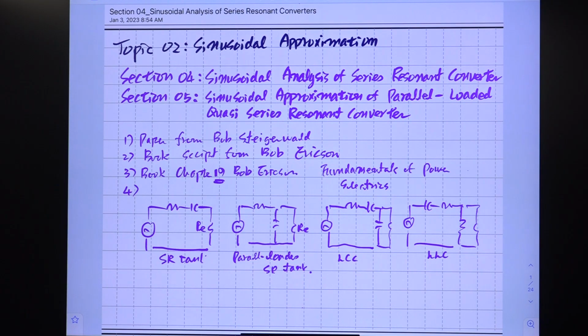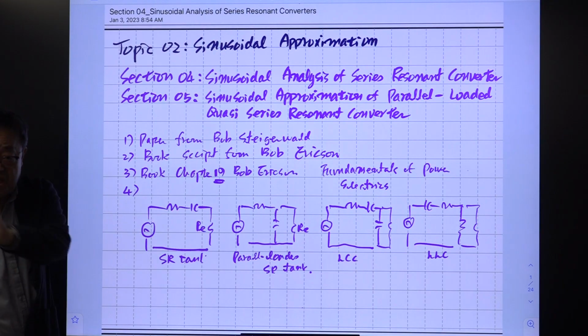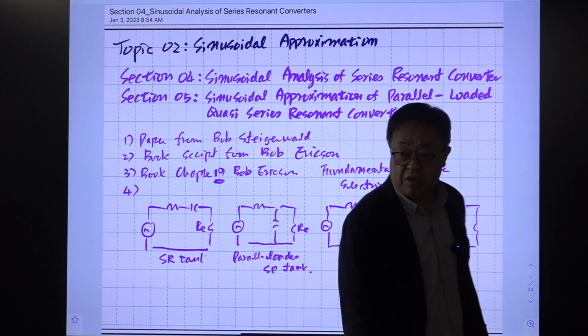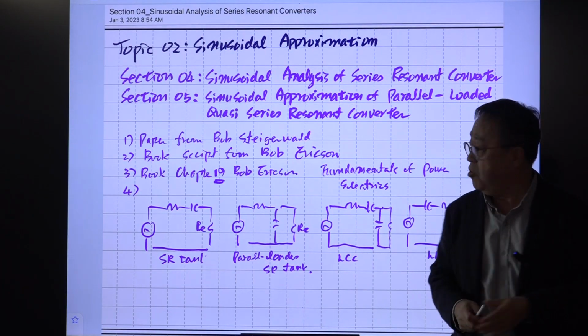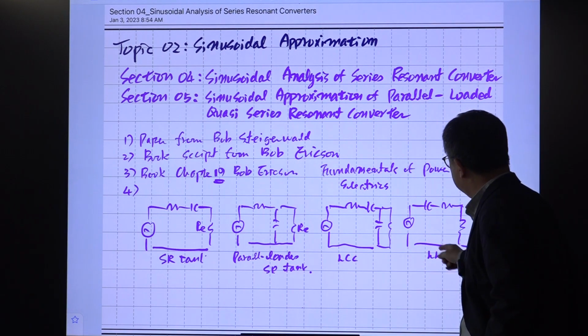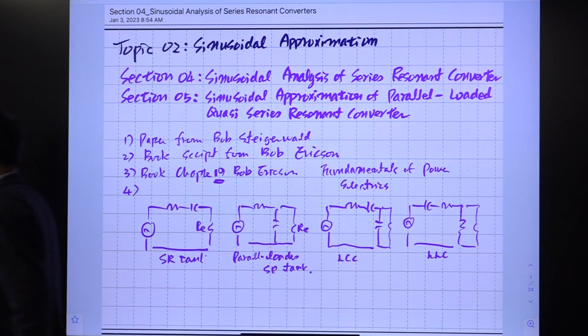Okay. In this topic, we'll be dealing with these two structures, but the result can be easily extended to the other ones. And furthermore, the result can be extended to any structure of this resonant tank circuit. Okay, maybe you have something strange in between, then the same approach can be applied. So the thing we're going to discuss is named sinusoidal approximation.